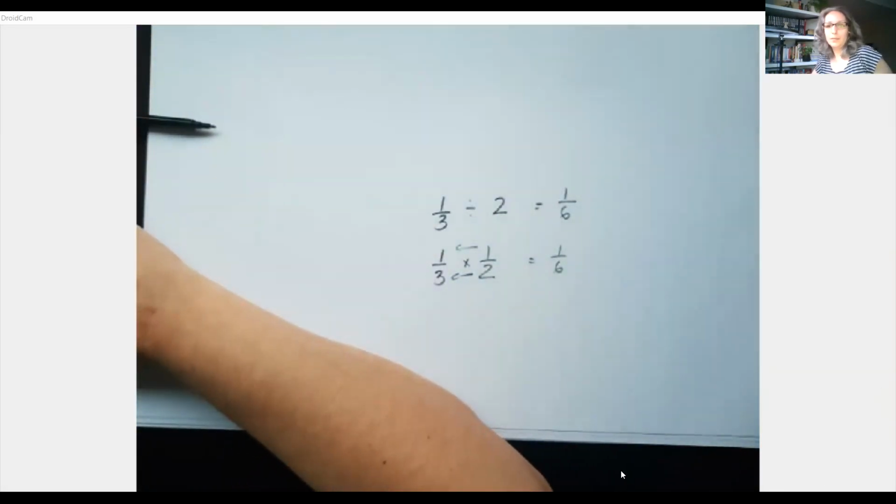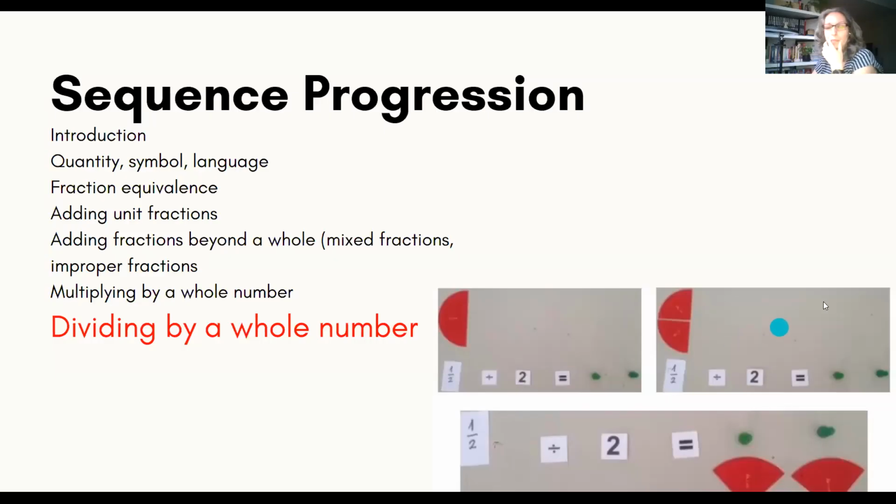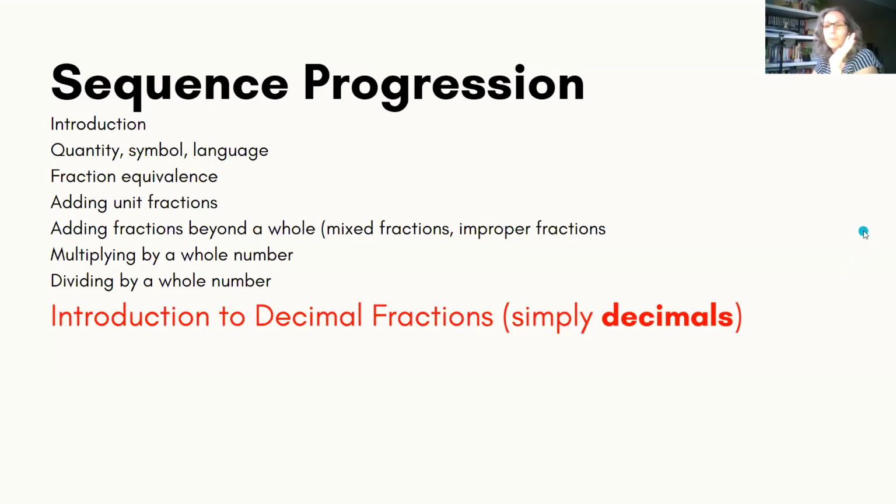All right. Here we go again. So here is where I would introduce decimal fractions, better known as decimals, because when we break a whole number into 10 equal pieces, each is 1/10. And that's when you have things like 0.5, that's 5/10.